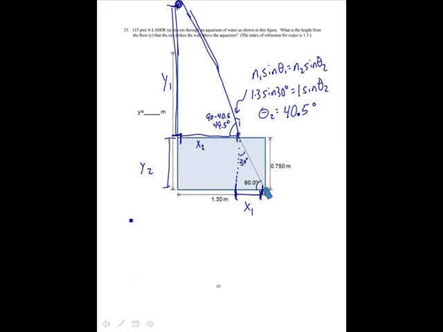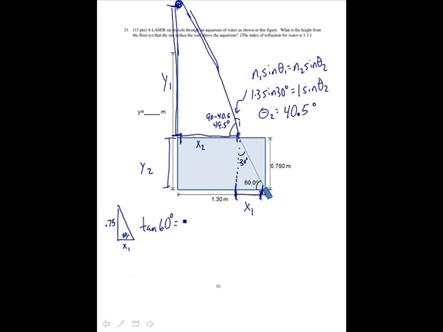I have the angle 60, and if I look at that triangle, this angle is 60 degrees, this is x1, and this is 0.75. So I have the adjacent and opposite sides, so I can use my tangent. Tangent of 60, let's see, TOA, is opposite over adjacent.